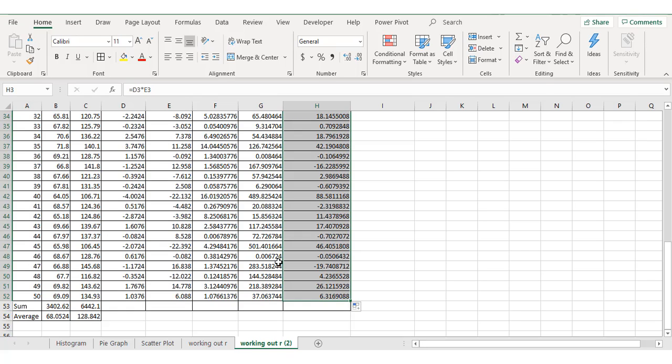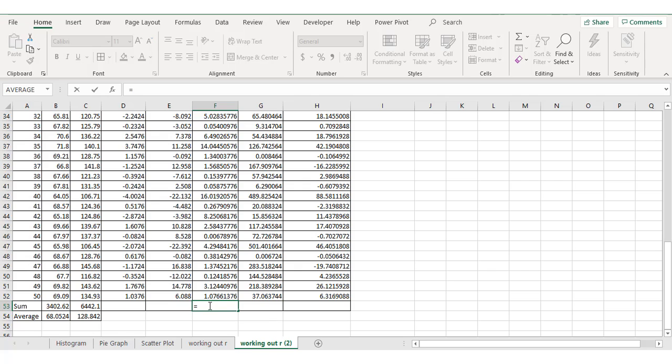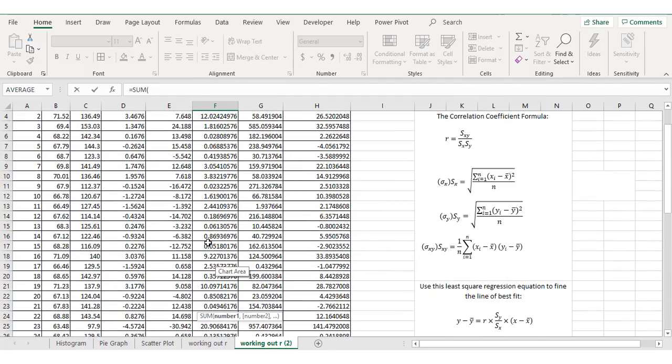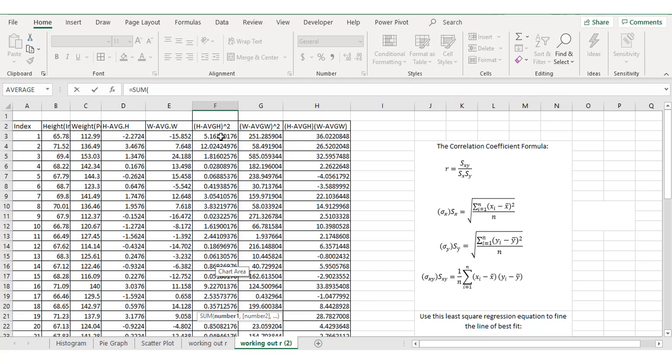After this, we need to do the sum. So click here, put the equal sign, type sum. Double click here. Check from which row the first data starts.